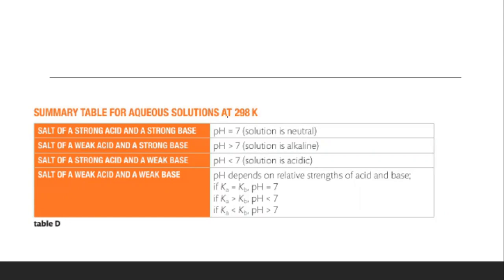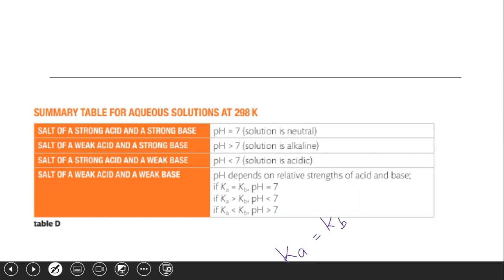Salt of a strong acid and a weak base. So if you have a strong acid and your base is weak, in that situation, pH is going to be less than 7. And if both the acid and the base are weak, in that situation, we will take a look at our Ka, the dissociation constant of the acid and the dissociation constant of the base.